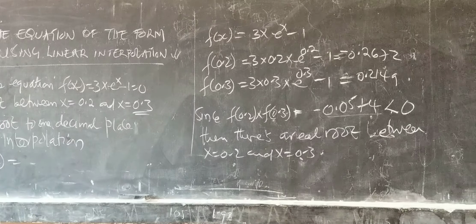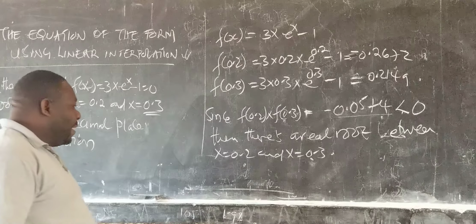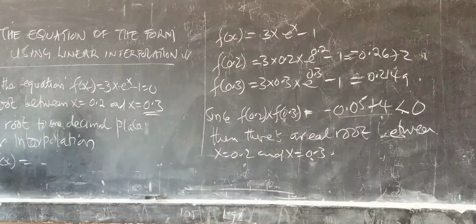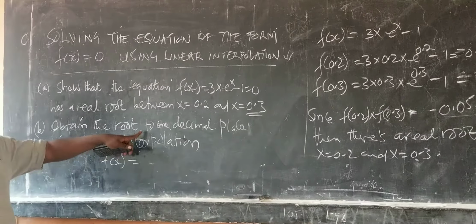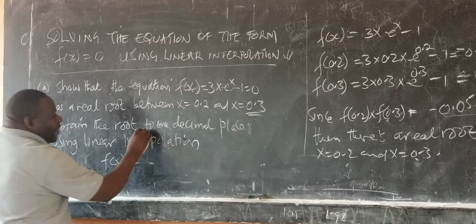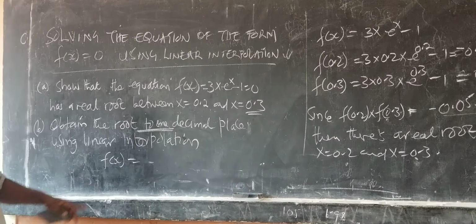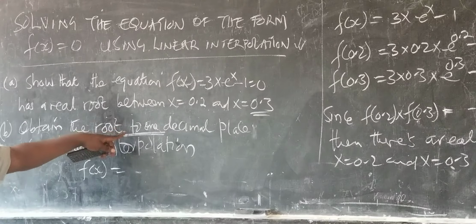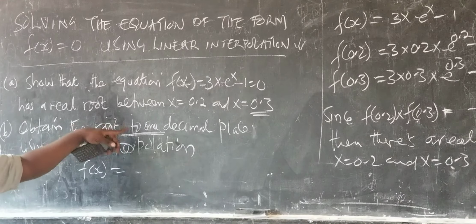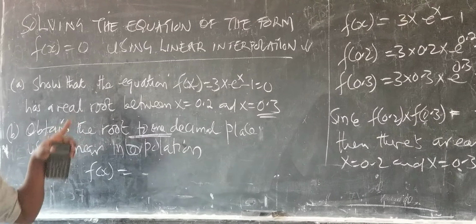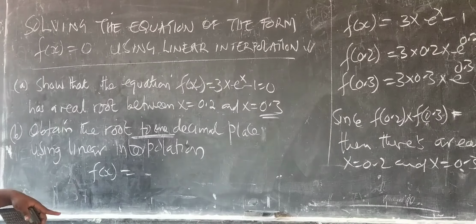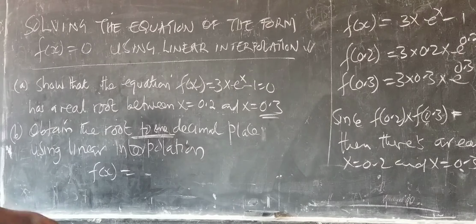The next step, they want us to obtain the root of the equation to one decimal place. They have given us the condition that the root should be given to one decimal place. So we are going to follow this condition of one decimal place. If it is two decimal places, we follow the condition for two decimal places.